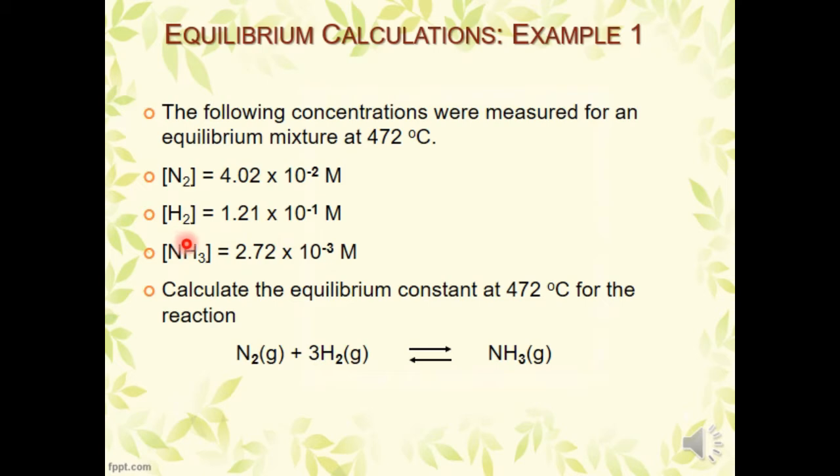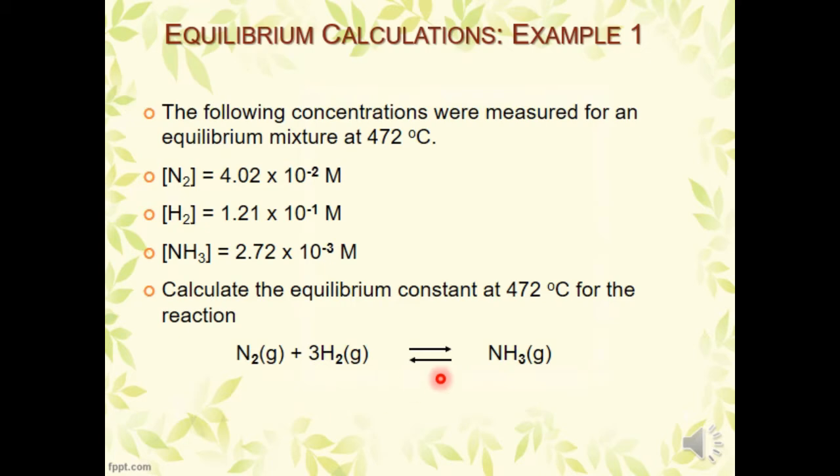So look at this first example here. The concentrations of all of the species here are measured at equilibrium, and the temperature involved is 472 degrees Celsius. The question is to calculate the equilibrium constant at 472 degrees Celsius for this reaction, the formation of ammonia from nitrogen and hydrogen gas.